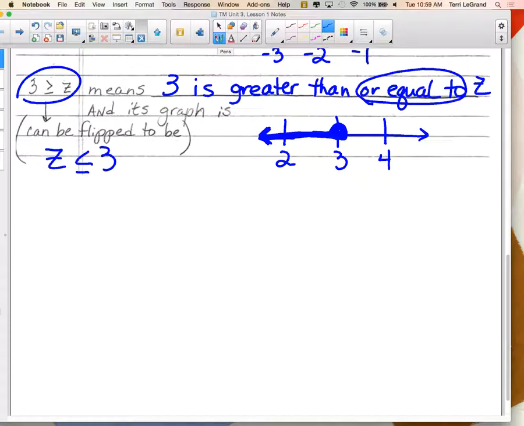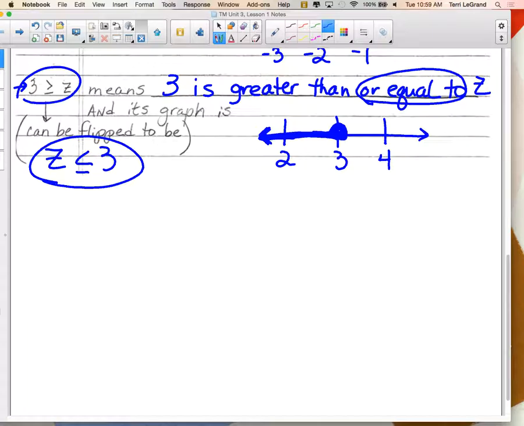Let me point out what we just did. We take this inequality statement and flip it over. The z and the 3 trade places, and the sign has to change directions. So this is another way to write that same inequality, 3 is greater than or equal to z.